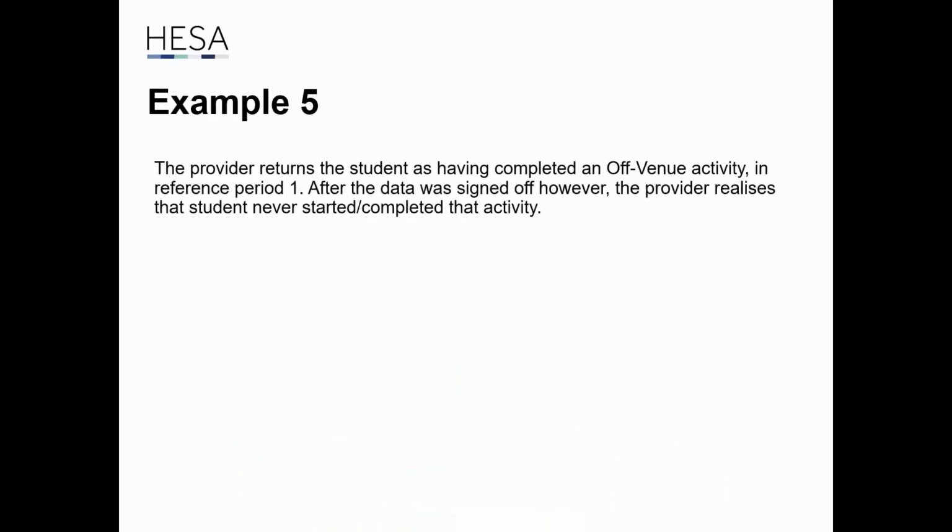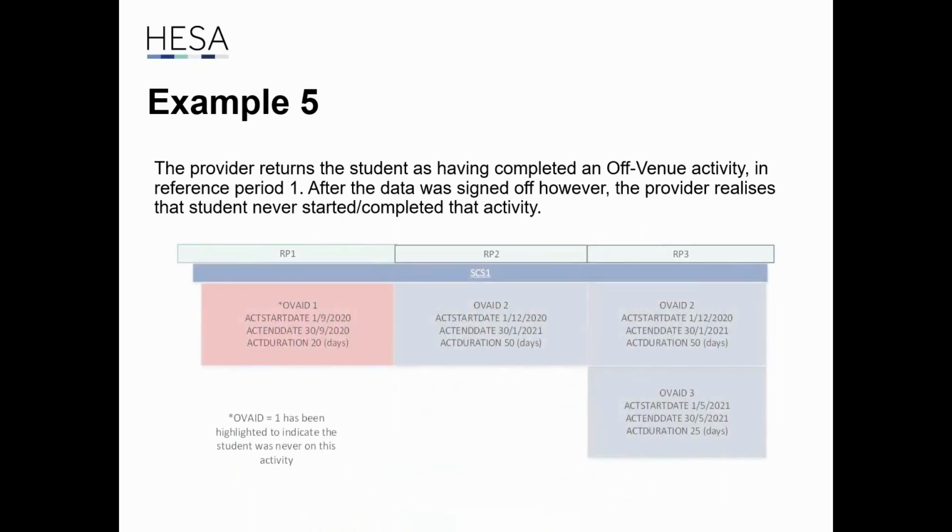So example 5: the provider returns the student as having completed an off-venue activity in reference period 1. After the data was signed off, the provider realizes that the student never started or even completed that activity. So this is what they return, and this highlights the fact that off-venue activities are returned against a student course session.